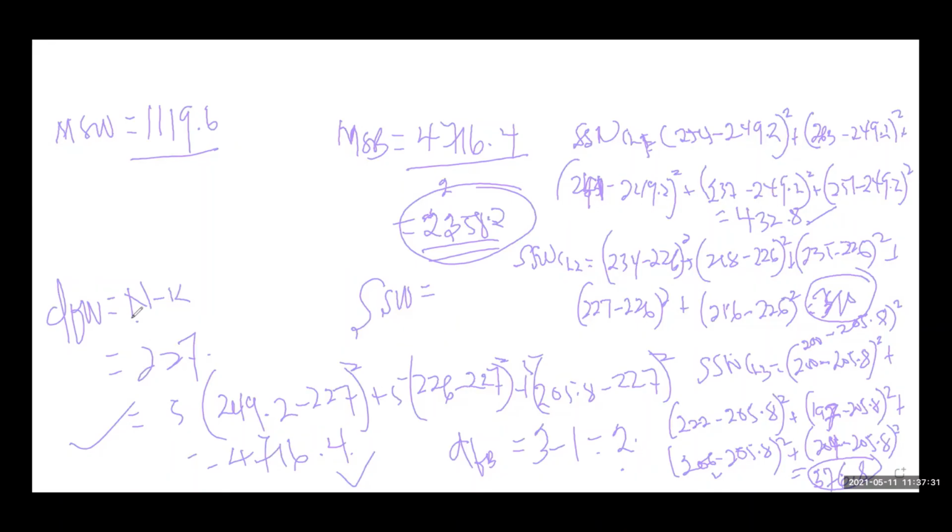Club 2, 5. Club 3, 5. So that is 15 minus 3. So this will be 93.3. Good. So if I have this, I get 99.97. Confirm again, please. It should be 93.3.